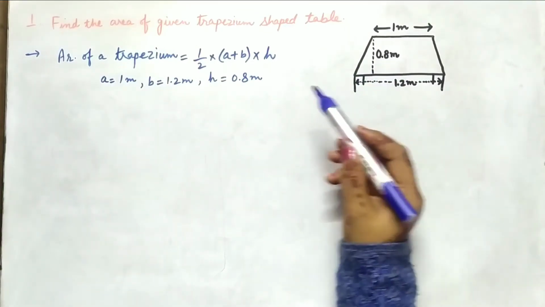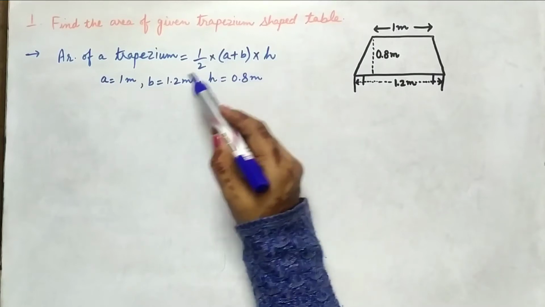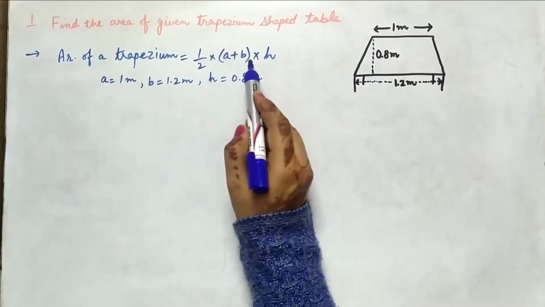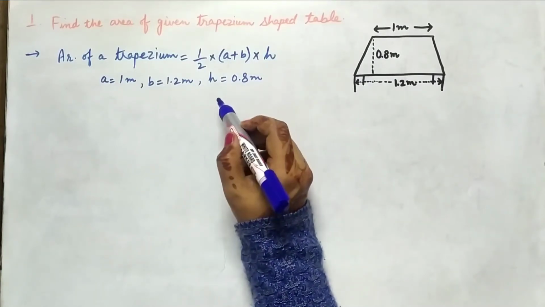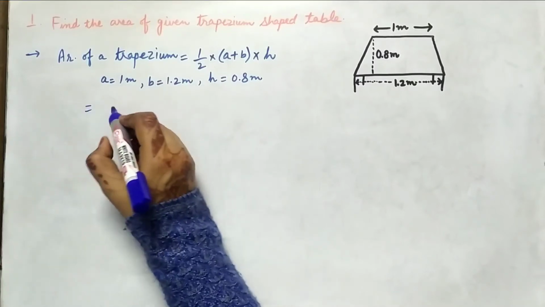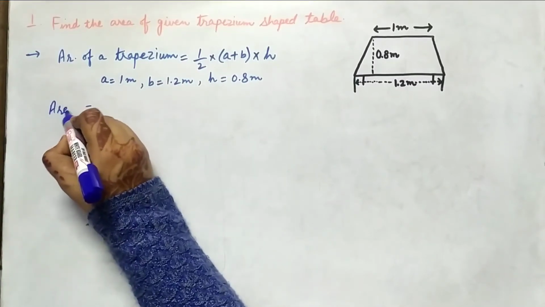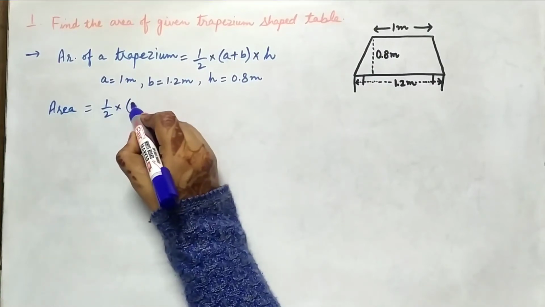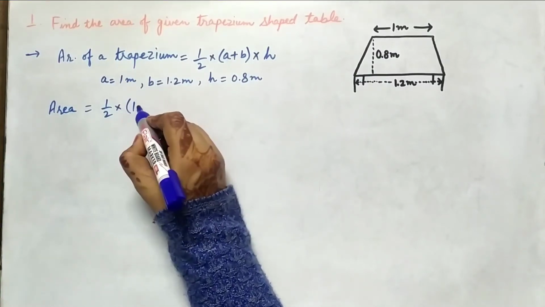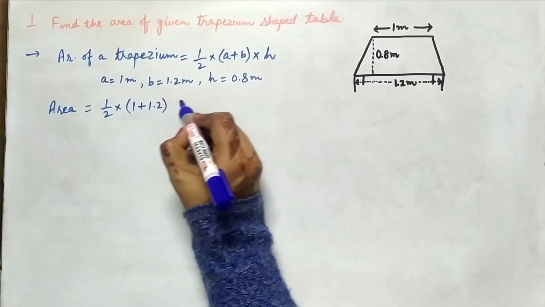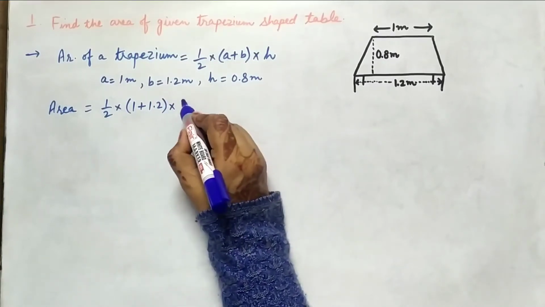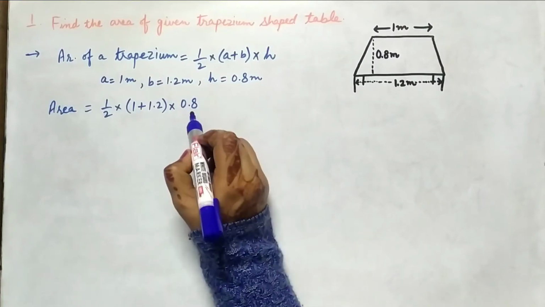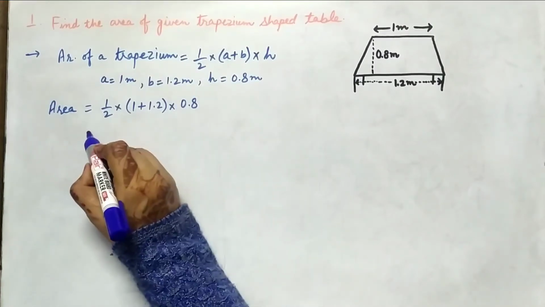So we have just to substitute these three values in the formula and do the calculation work, and we will have the area of the given table is equal to 1 by 2 into A is 1 plus B 1.2 into the distance between these sides 0.8.